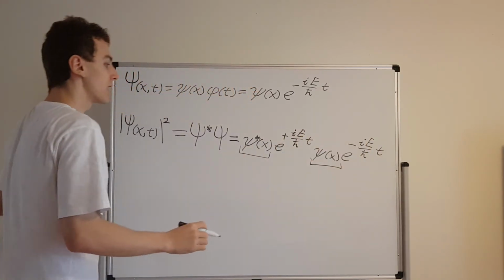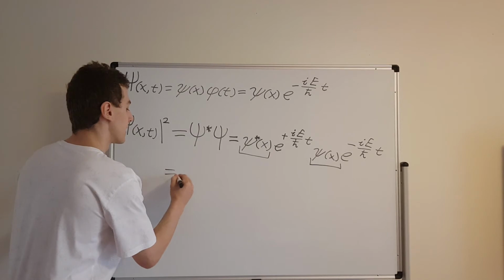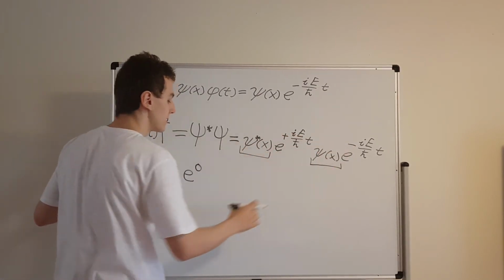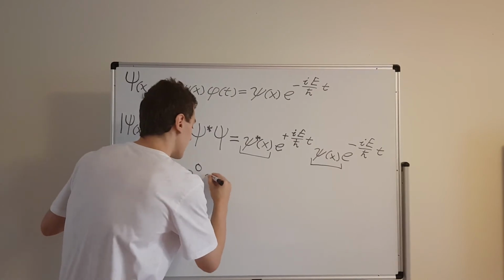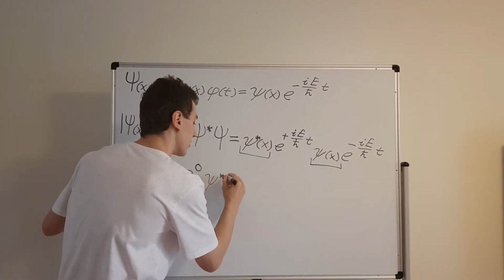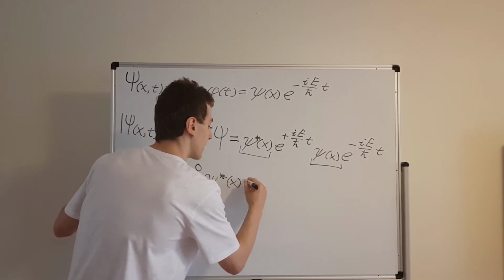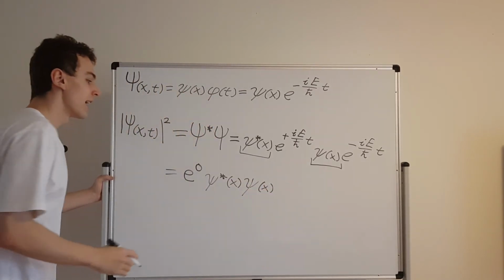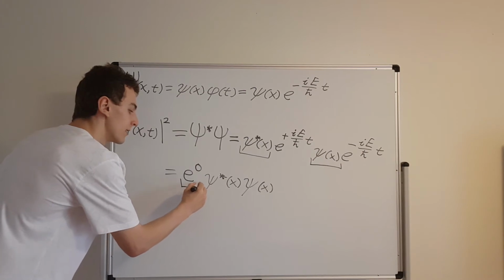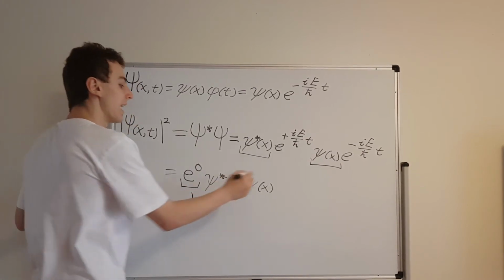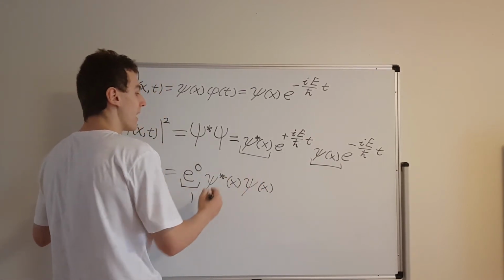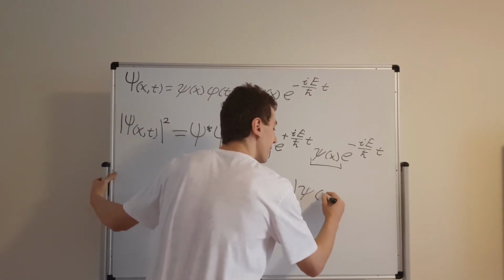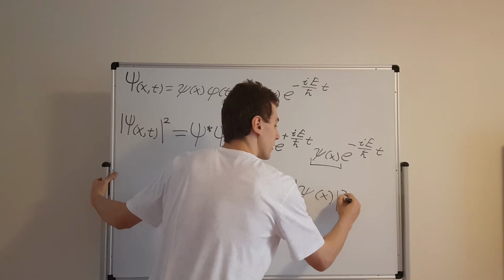So what this is actually going to turn into is e to the 0, right? Because we're adding these two guys. e to the 0 times the complex conjugate of this lowercase psi times psi of x. And e to the 0 is 1. And this is just the same as the absolute value of psi of x squared, right?